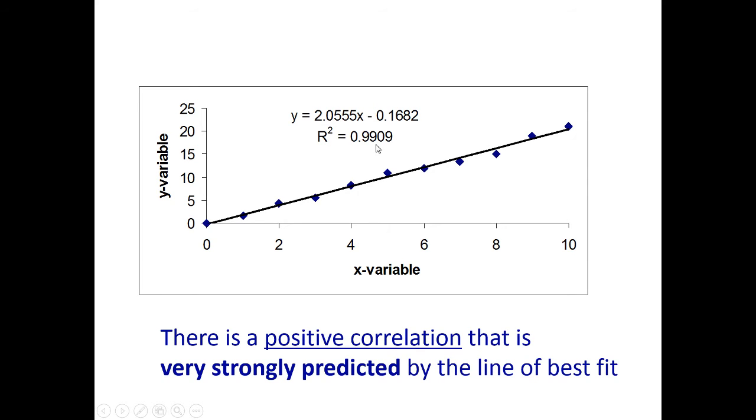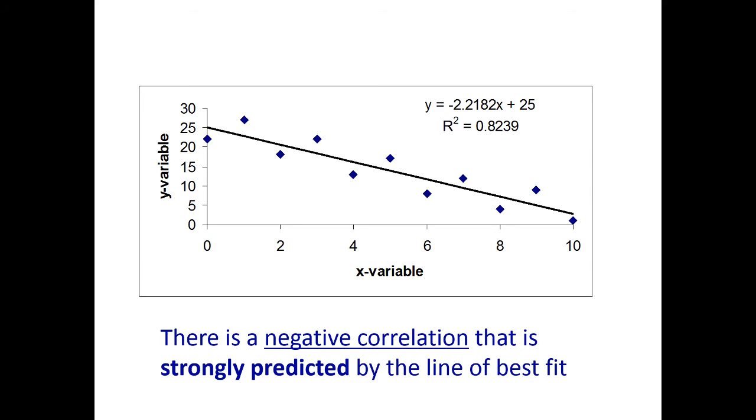Because our R-squared value is so high, 0.99, it's almost 1, we can say that this data is very strongly predicted by the line of best fit. So put it all together, there's a positive correlation that is very strongly predicted by the line of best fit. Positive correlation because of the slope. It's strongly predicted because of our high R-squared value. So it's important to have both. So we'll see that when we graph in Excel, we want to have both values displayed.